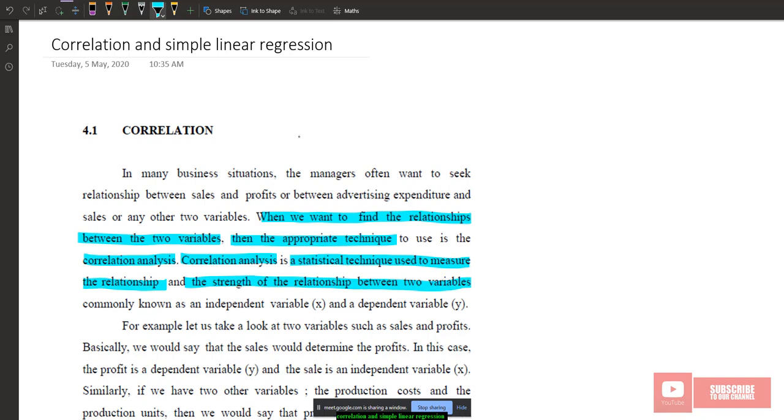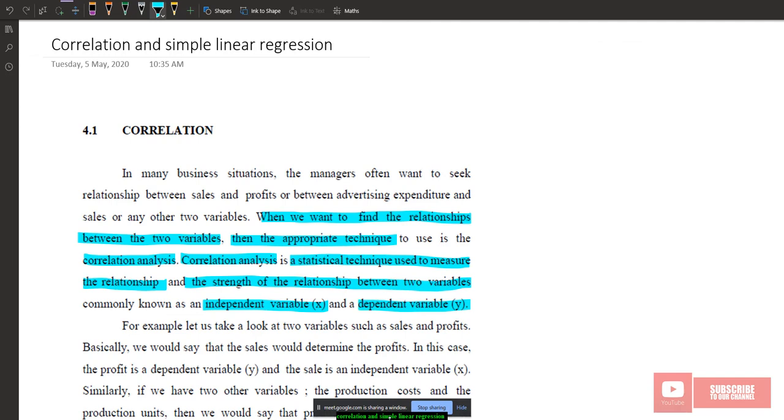These two variables are commonly known as the independent variable and the dependent variable. The independent variable, normally we put on the x-axis. So this is the x-axis and this is the y-axis, and y is the dependent variable.